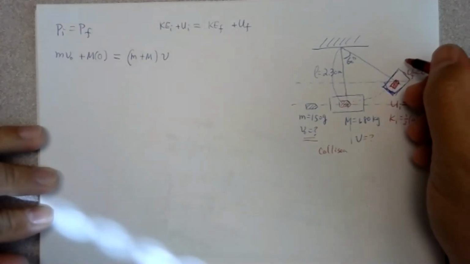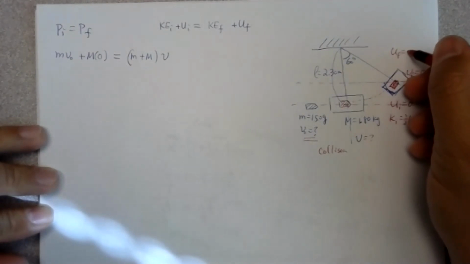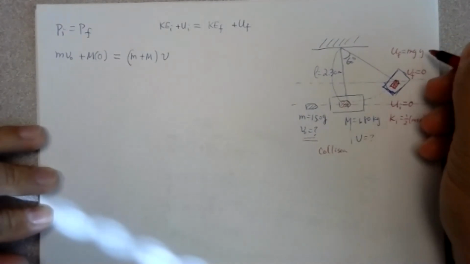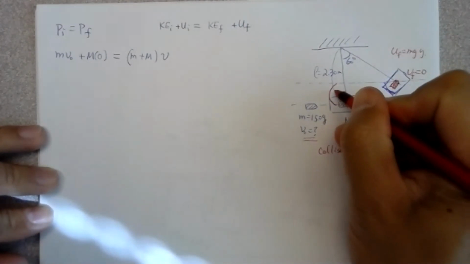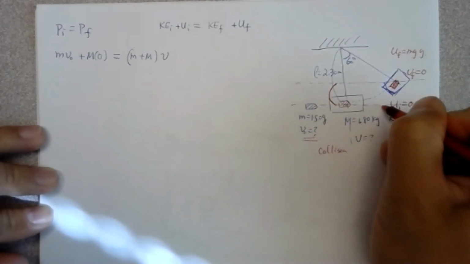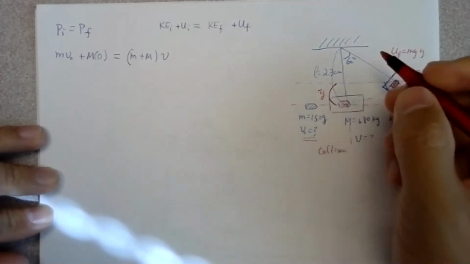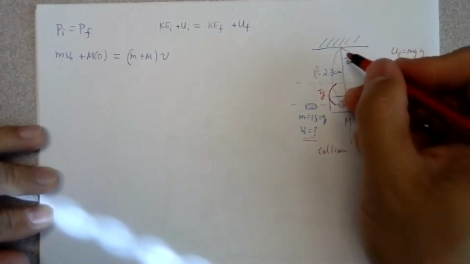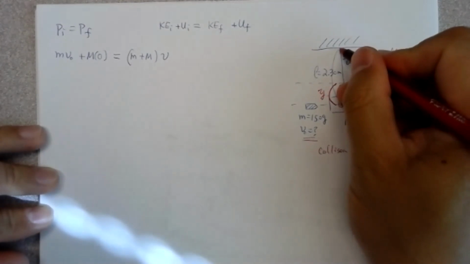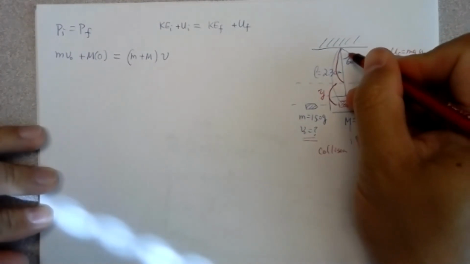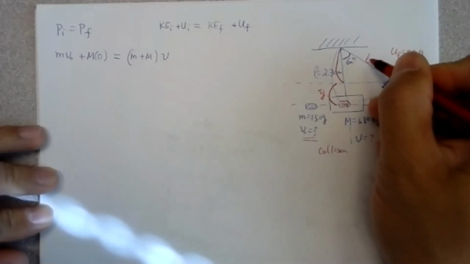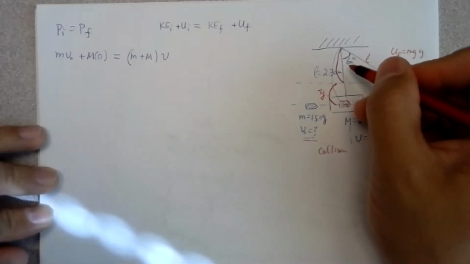For the final potential energy, this should be mg y. Y would be this y here, this height. This is your reference point, so this is the y. This y should be equal to the whole length minus the length of this part. If this angle is 60, and this is L, then this is L cosine 60.